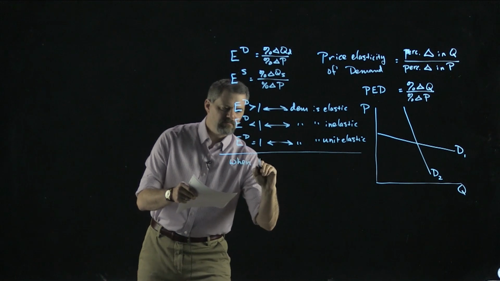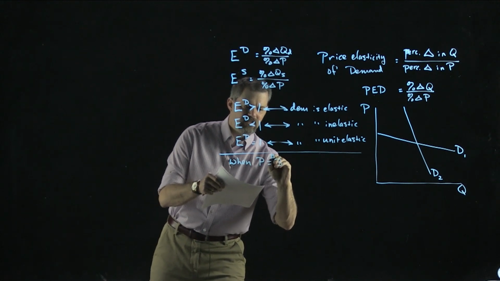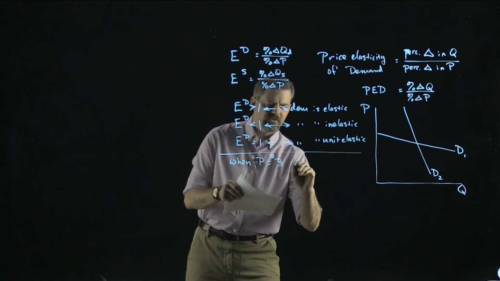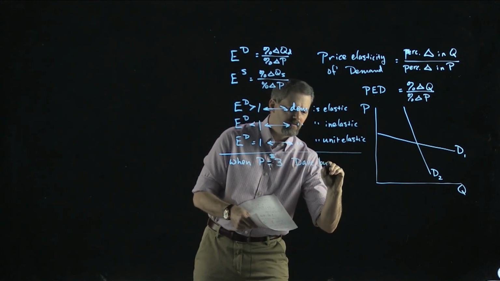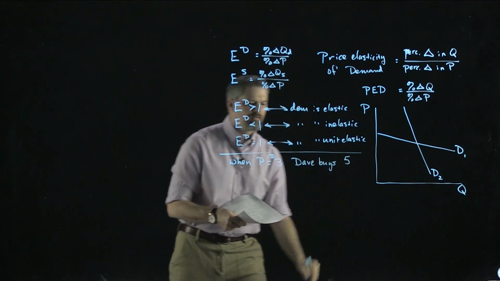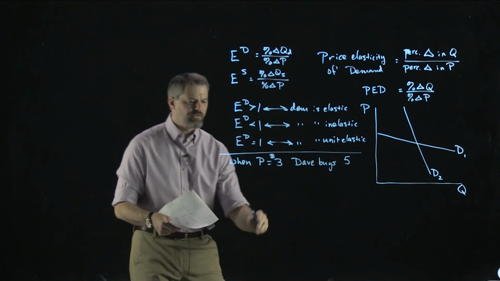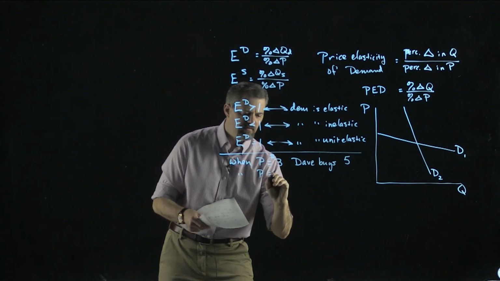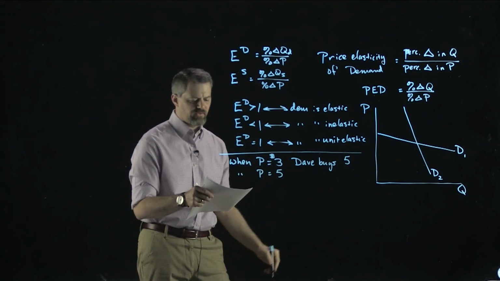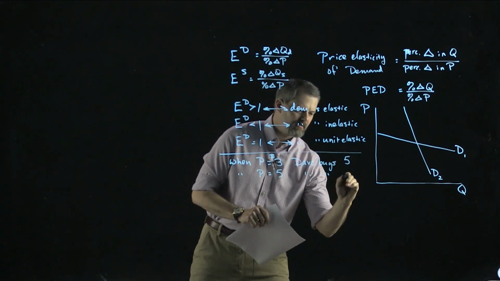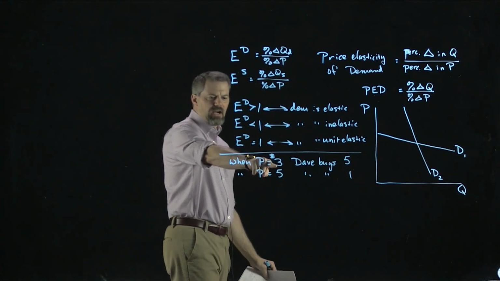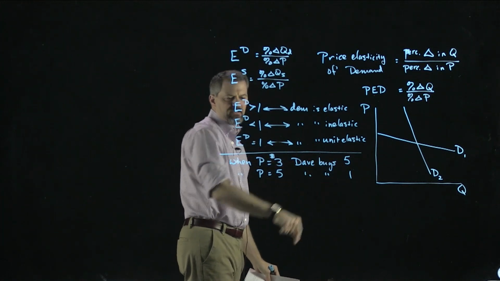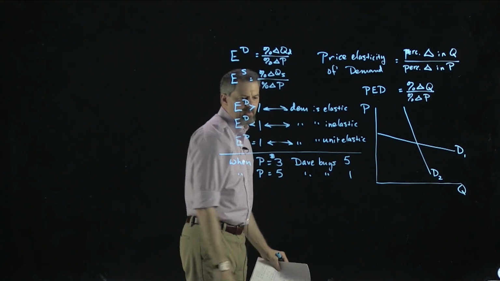When price equals $3, let's suppose Dave buys 5 pizzas per month. When price equals $5, let's suppose Dave buys 1 pizza per month. So here you've got a price and the associated quantity demanded, another price and the quantity demanded.